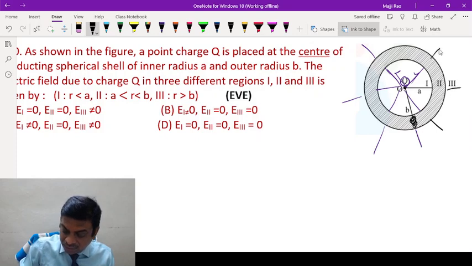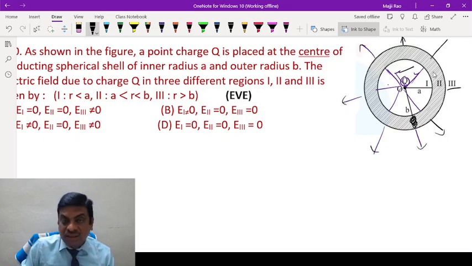So this way, lines of force will remain outside the sphere. Within the sphere, it will be there, so electric field will exist. Outside the sphere also, they will be there, so electric field will exist. Inside, it is not there. As you know, there is a term known as electrostatic shielding. You might be aware of this.